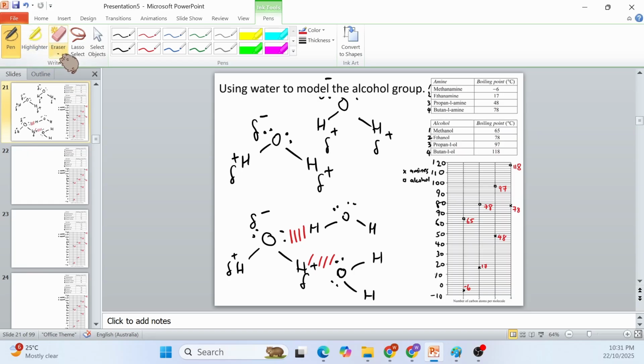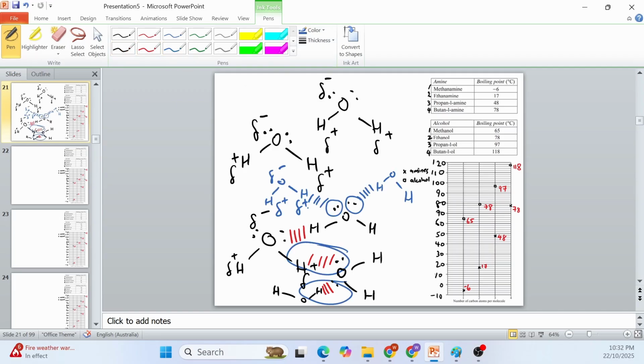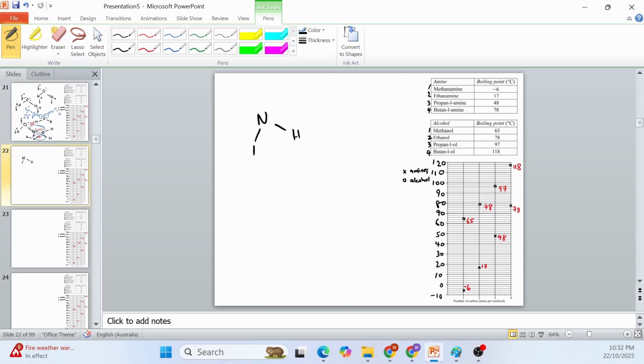Now if we draw another water molecule, we can show 2 hydrogen bonding sites, that being 1 and that being the second one. If we compare that to amines, we get a different story. Amines have 1 lone pair, and so it can only effectively have 1 hydrogen bonding link through space.